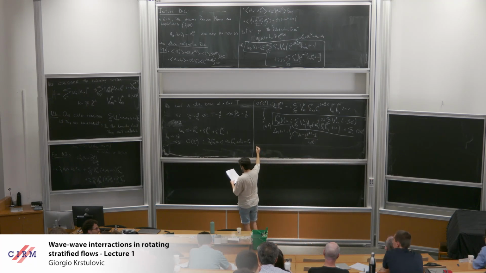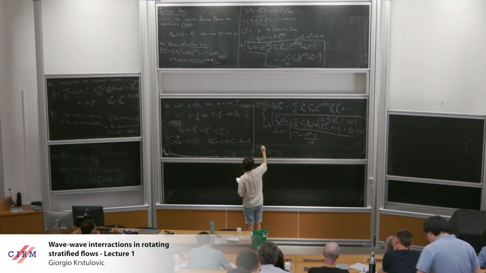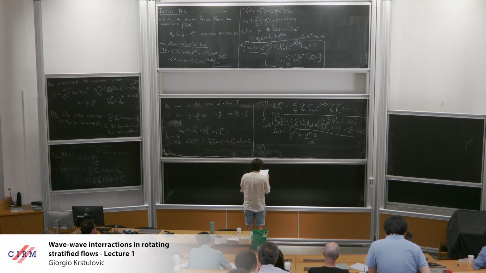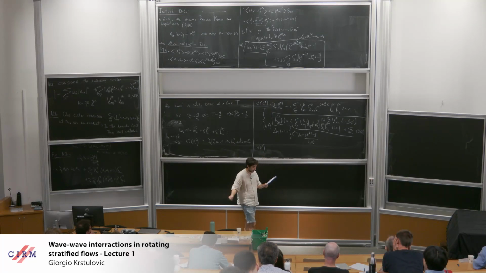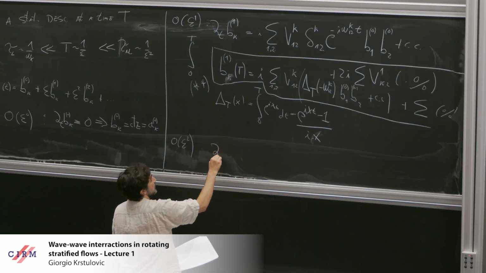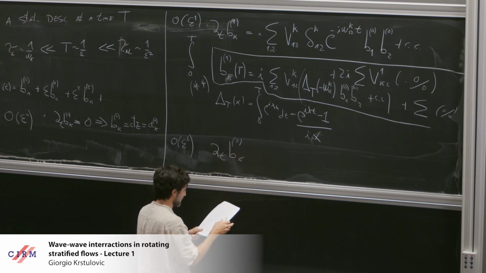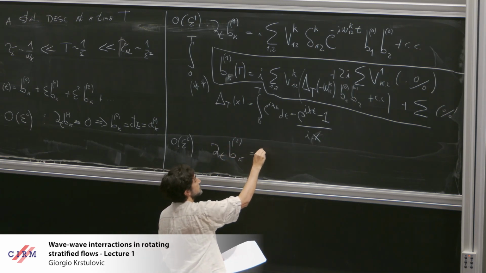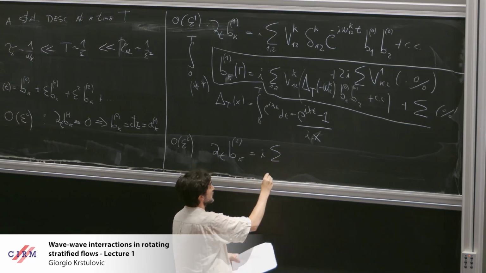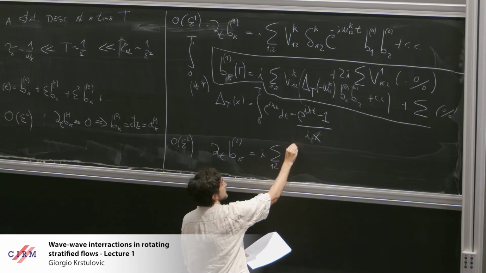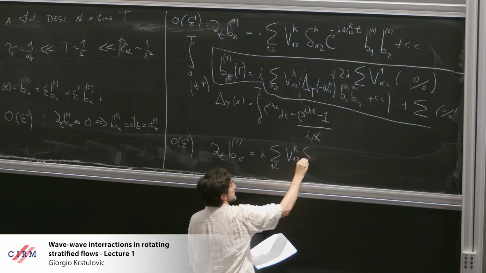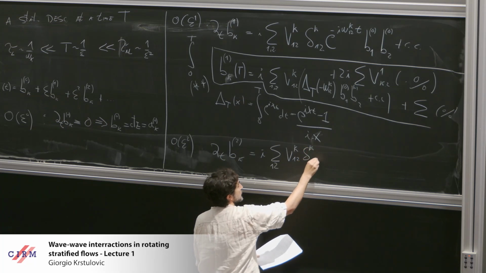And then if you do the same at order epsilon 2, which a priori you also need if you want to derive the whole terms, this is even longer. You have something like this kind, V, K12 delta, K12.